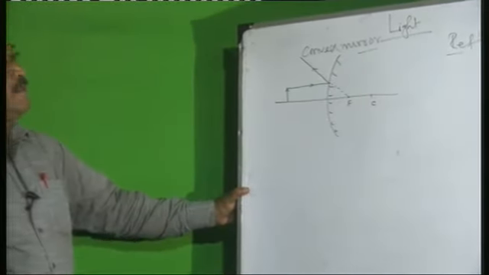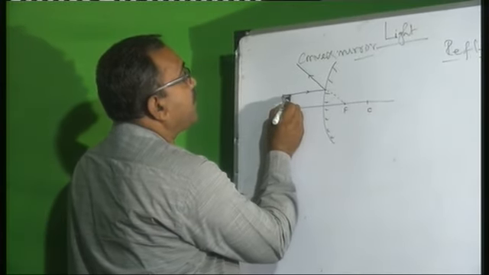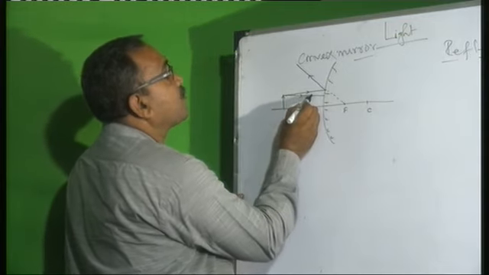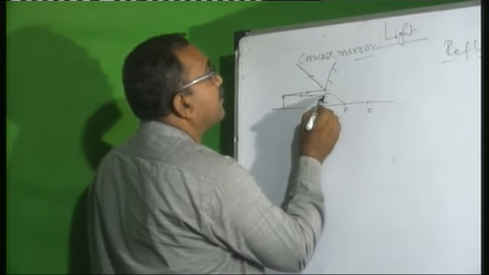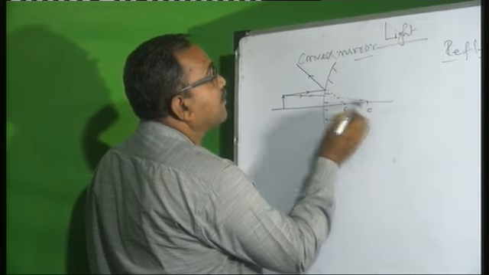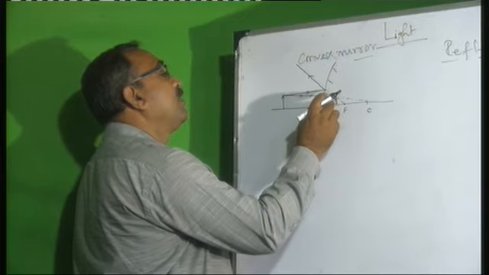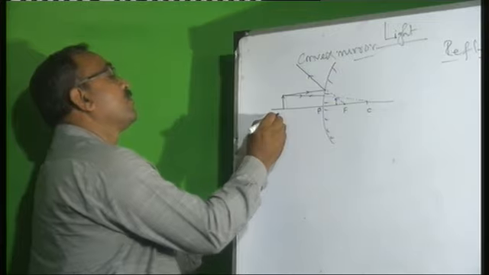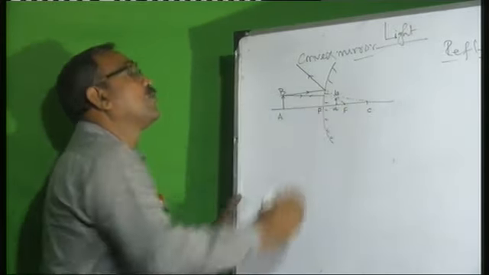Second ray, if you consider the rays appears from the center of curvature, it must go back to the same path. So the image will form in between the pole and the focus. Already you know it.